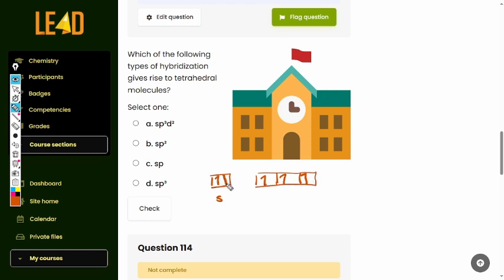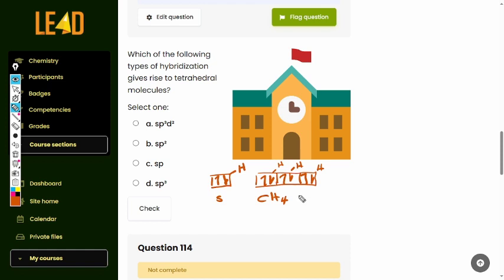So one can become paired here. Let's say one electron from hydrogen gets paired here, another from hydrogen gets paired here, another from hydrogen, another from hydrogen. Say this is a carbon atom, so you can have CH4 here. It means that the electrons in carbon arrange themselves in such a way that they create 4 spaces for the 4 hydrogen atoms to bond, to share their electrons, and that's why this is tetrahedral.